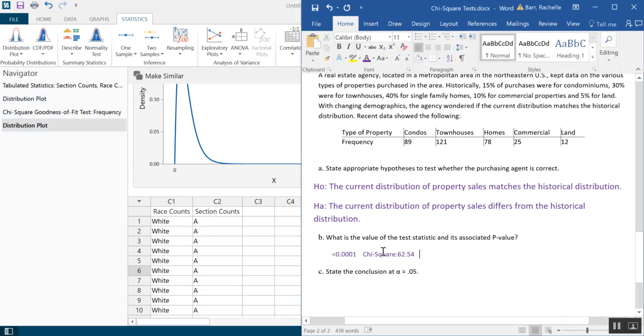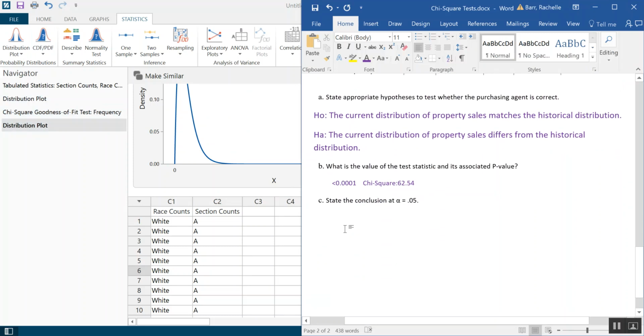So let me write my conclusion real quick since we're on that, and then I will go back to analyzing the graphs for a second. So small that it looks like 0. So we are definitely going to reject, which is great and everything, but I need to actually say what's going on.